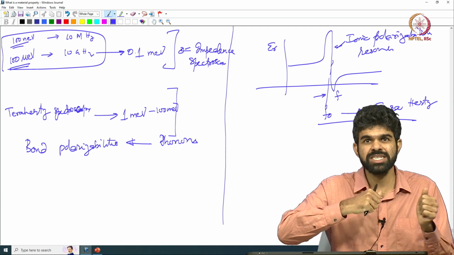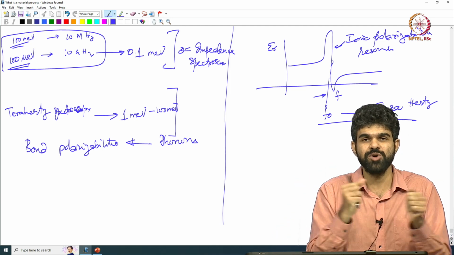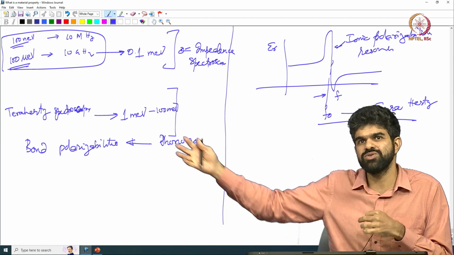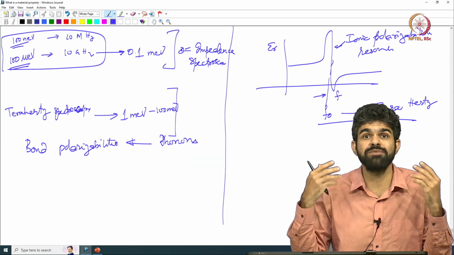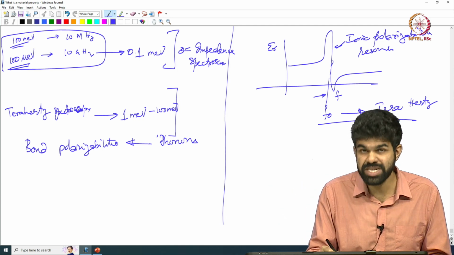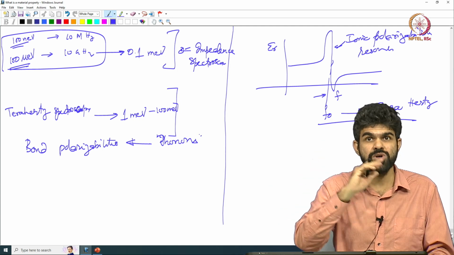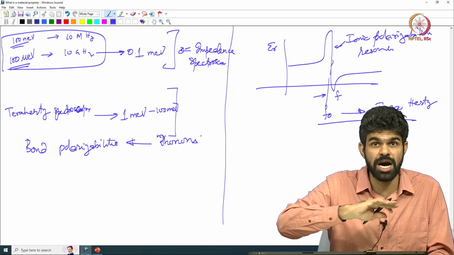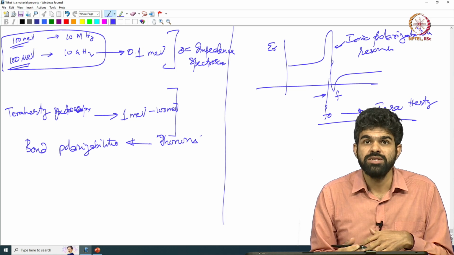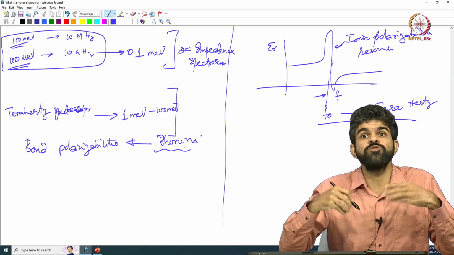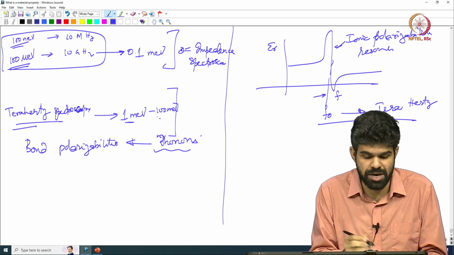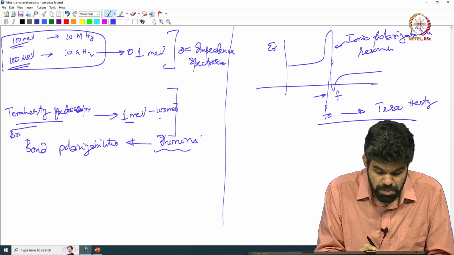Lattice vibrations quantum mechanically can be thought of as particles which are phonons. Just like I can think of electromagnetic radiation as photons, I can think of lattice vibrations and sound waves inside my material as phonons. So, essentially I start digging into phonon frequencies using these techniques of 1 milli electron volt to 100 milli electron volts. The other technique is what is called Brillouin spectroscopy.